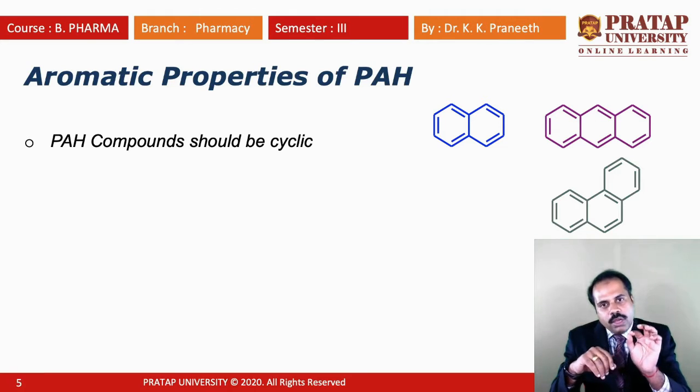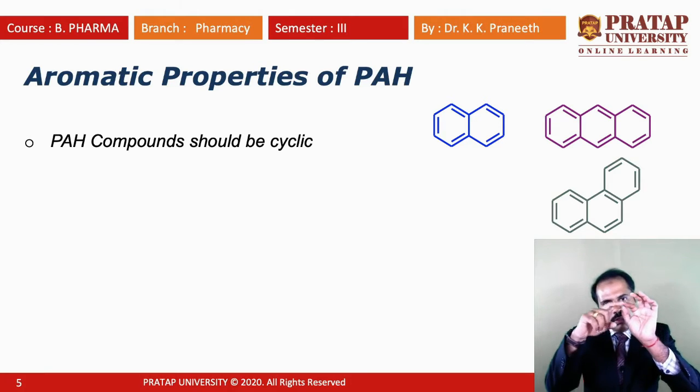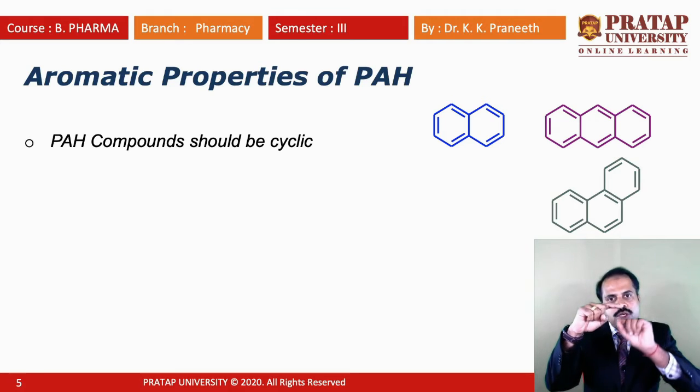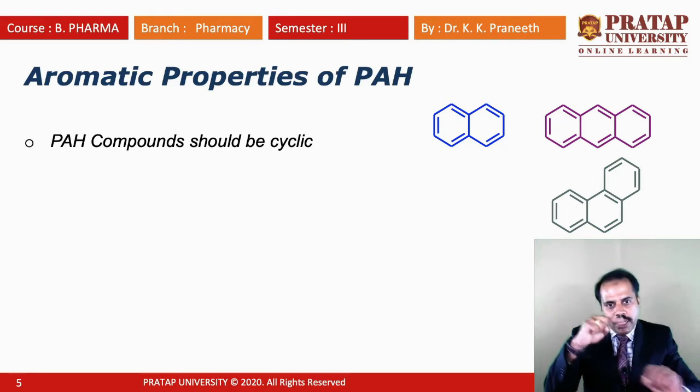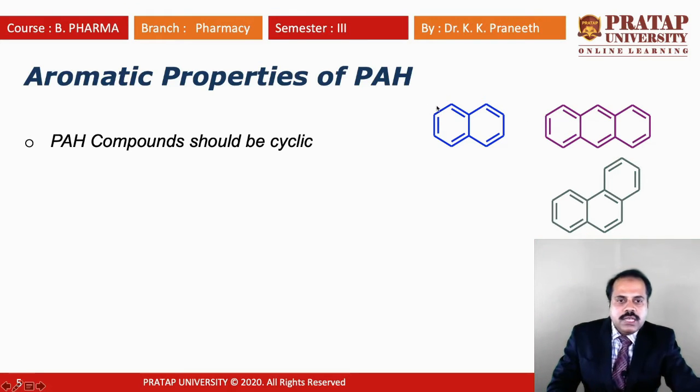The important point is that we start from one point, and if you go around, you should reach back to the same point without any break. In the case of naphthalene, if you start from this point and go around without any break anywhere, you can come back to the same point again. So it is a cyclic system, right?